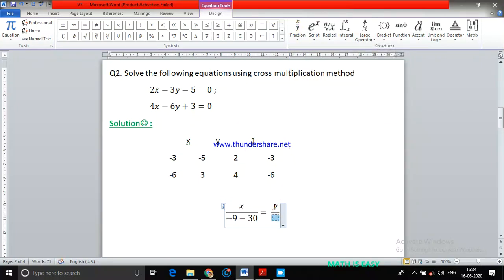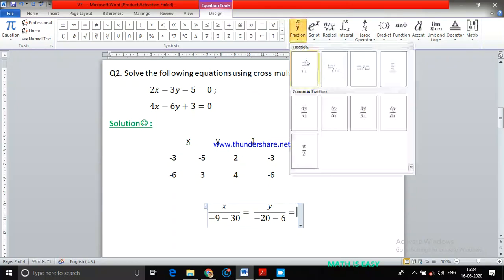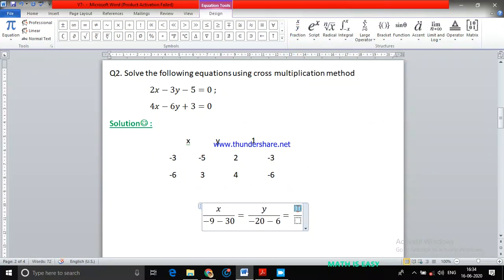So here y upon, what do you get, minus 5 into 4, minus 20, then 2 into 3, 2 into 3 will be 6, formula has minus, so it will be minus 6, which will be equal to, here I have 1 upon, what do you get, 2 into 6 is 12, here 4 into minus 3, minus 12, but formula has minus, so minus into minus will become plus 12.